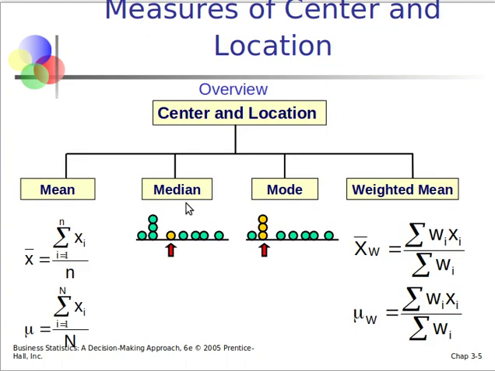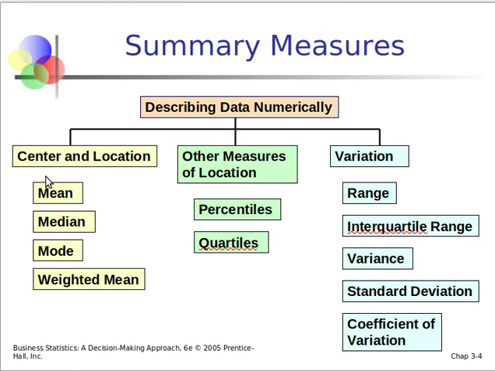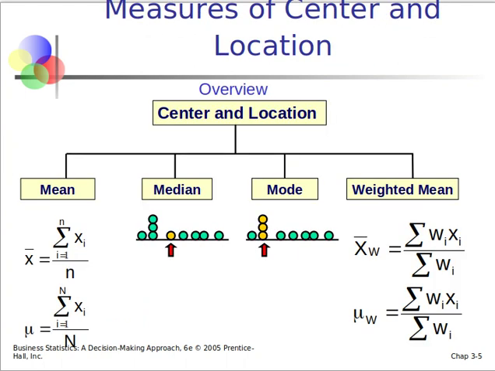Now, the measures of center and location, or the central tendency of a data set. Where are they located? There are 4 as summarized here. Now we'll talk more about them one by one.